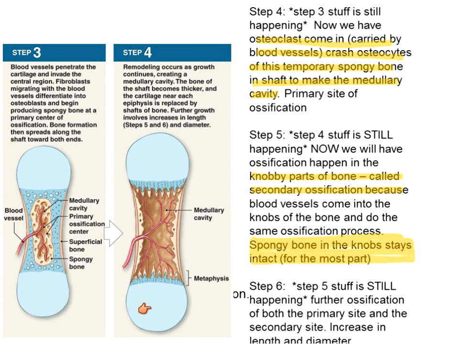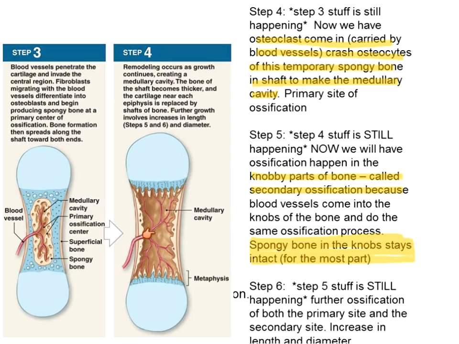In the epiphysis, we don't have just compact bone. We have an outside of compact bone, but on the inside it's spongy bone. So at this point, osteoclasts are not going to come and break down the spongy bone in the epiphyseal end, so the knobs of it.